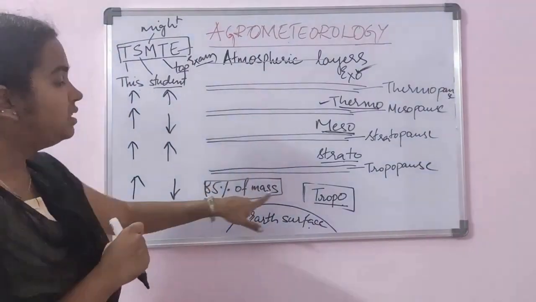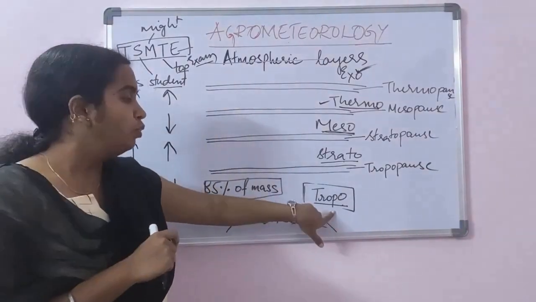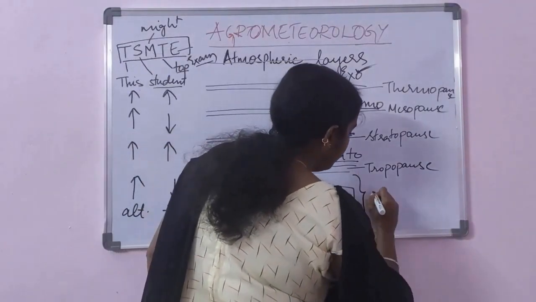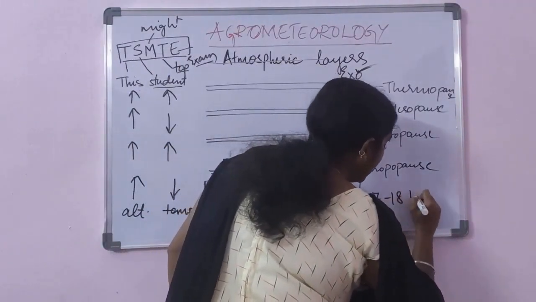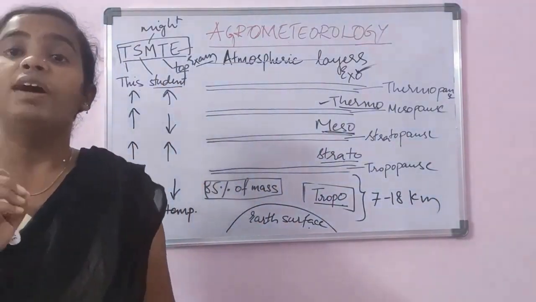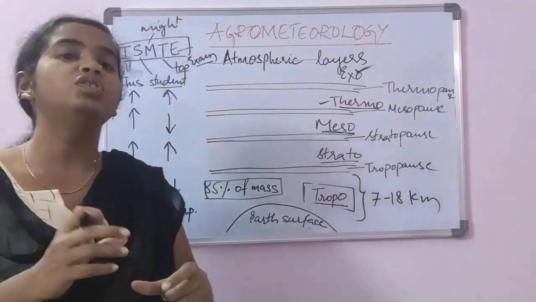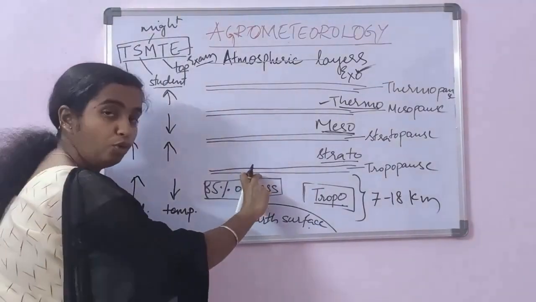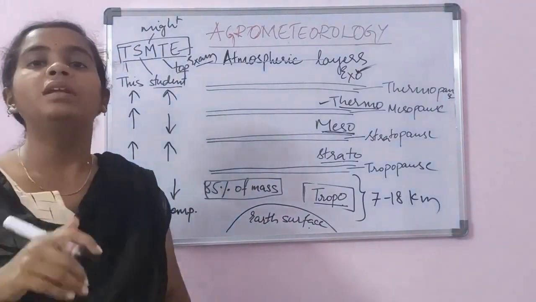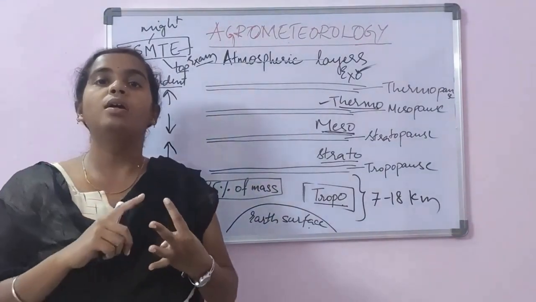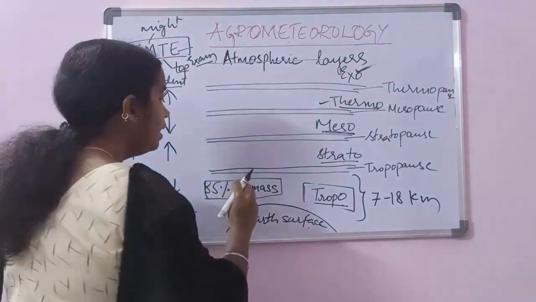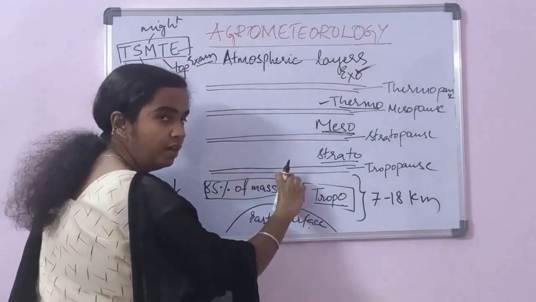So now let us discuss about troposphere. You know that this is the first layer. This extends from 7 to 18 kilometers above the Earth's surface, and 85% of the mass of the atmosphere is present in the troposphere. And also all the weather phenomena like clouds, fog, mist and other dust particles also, they are present in the troposphere itself.